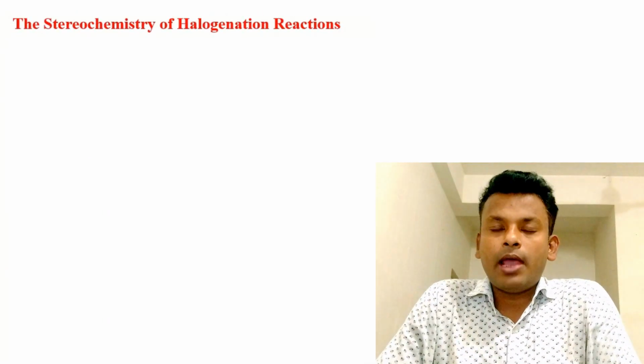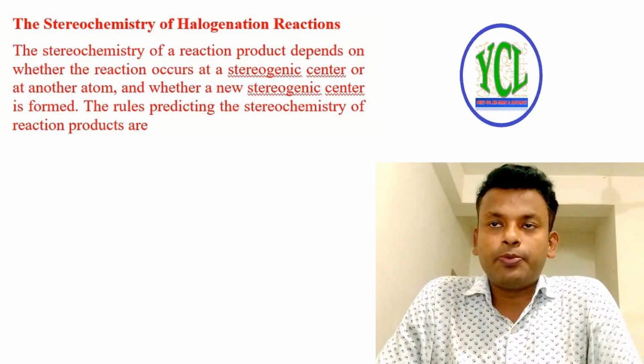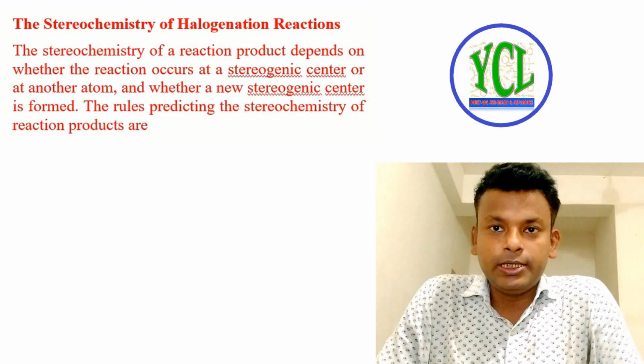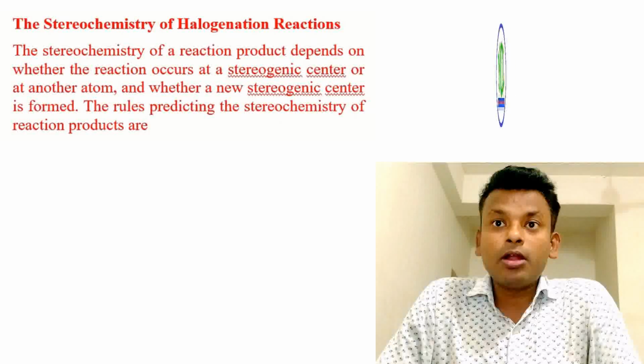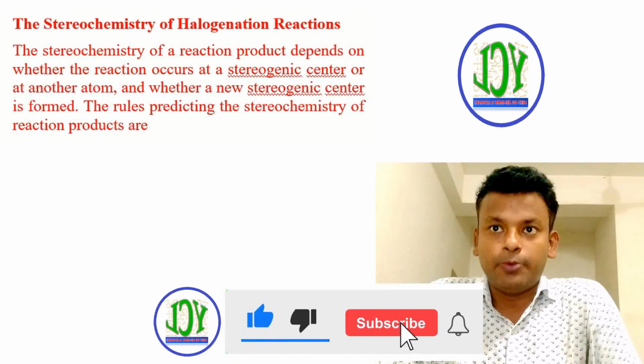And next, the stereochemistry of halogenation reactions. The stereochemistry of the reaction product depends on whether the reaction occurs at a stereogenic center, that is the chiral center or asymmetric center, or at another atom where a new stereogenic center is formed.